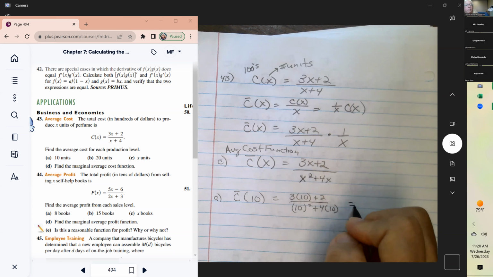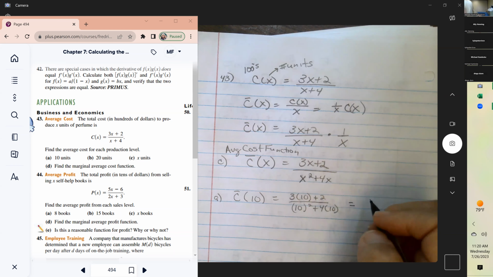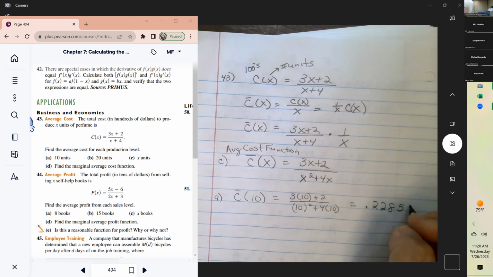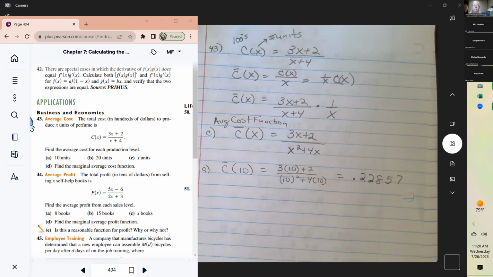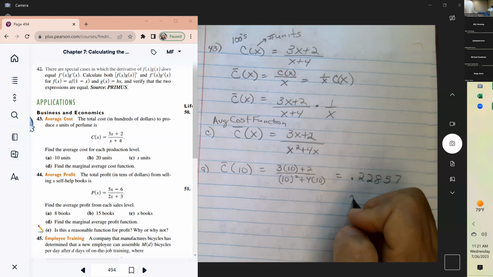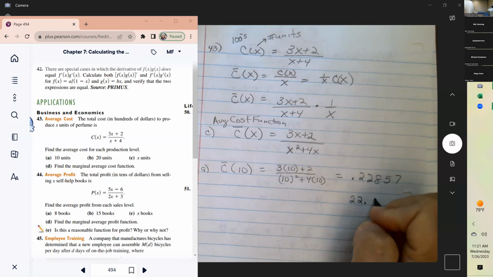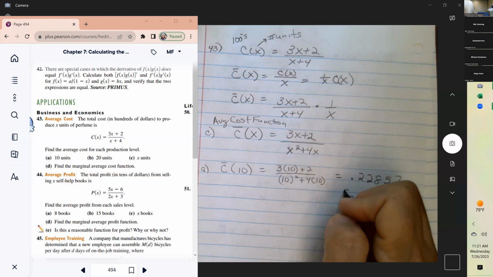Are you getting it? Now remember, cost is in hundreds. So if we multiply this by 100, it's 2286.